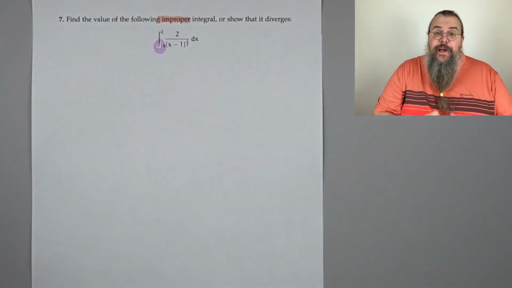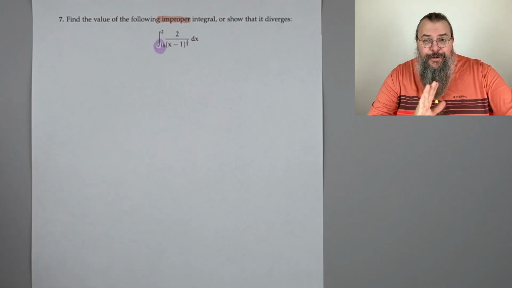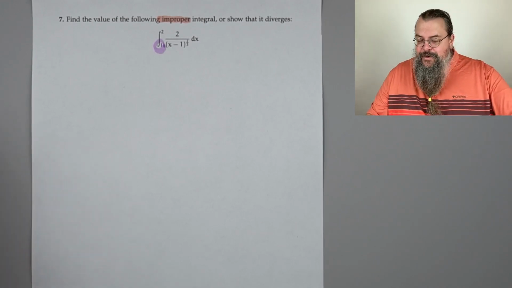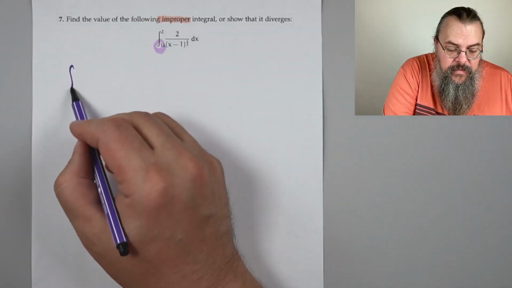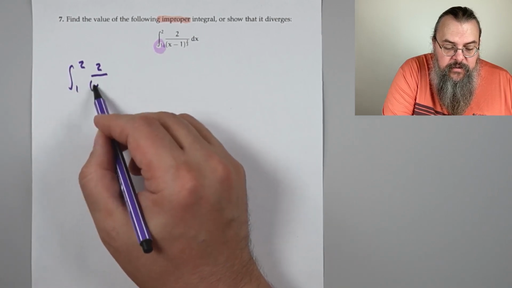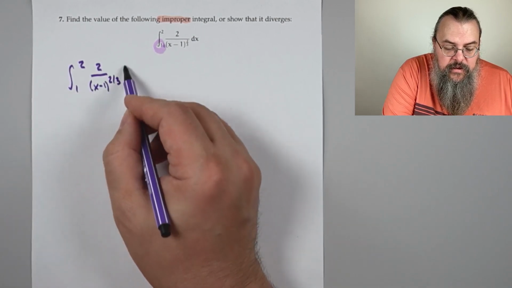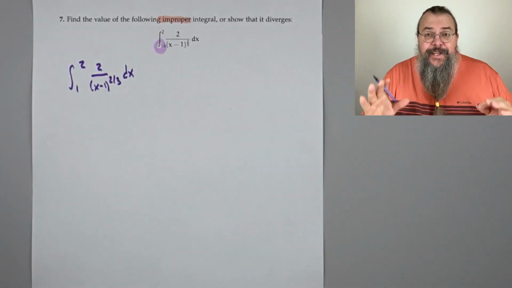Okay, so how do we do this? Well, no worries. What we'll do is approach the 1 with caution. So we say, all right, we're going to say that the integral from 1 to 2 of 2 over (x minus 1) to the 2/3. And normally, by the way, we would just throw this in and not even think about it.